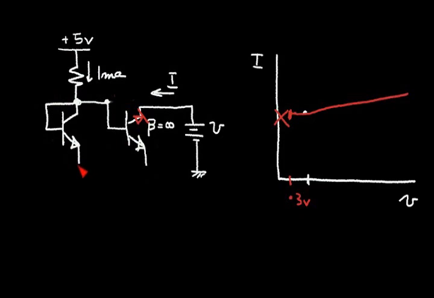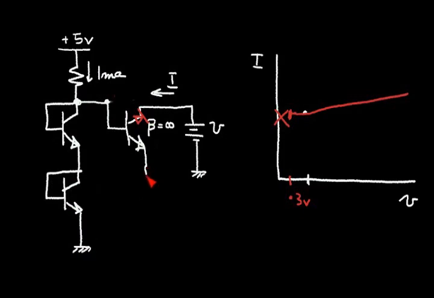And let's add another NPN transistor here. We'll connect this base over to this collector. We'll ground this emitter.